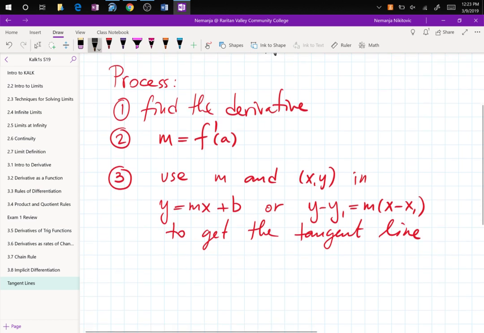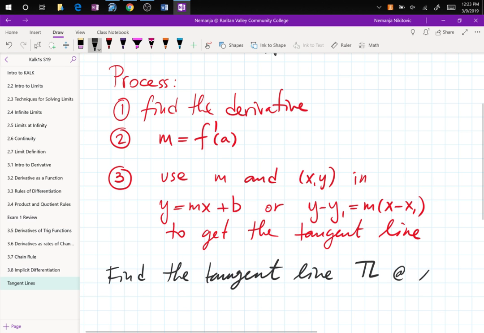So find the tangent line. I'm just going to call that TL from now on. At x equals 3 for the function f of x equals, I don't know, 2x cubed minus x plus 1, whatever.